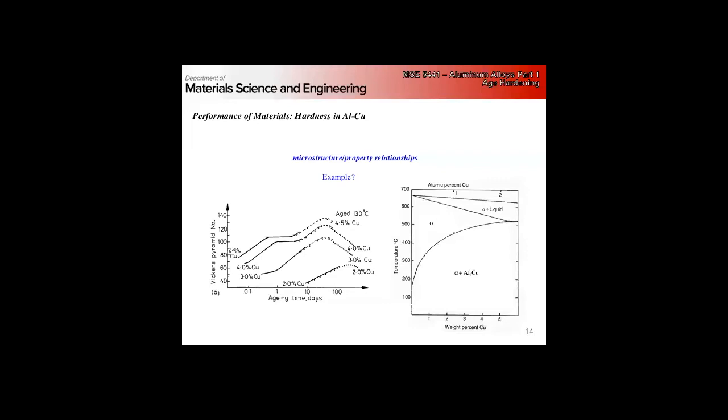Well, so at 2%, what is the GP zone? It's just a collection of copper. When you're at a more dilute concentration, remember, the spacing between the copper atoms is proportional to the volume.